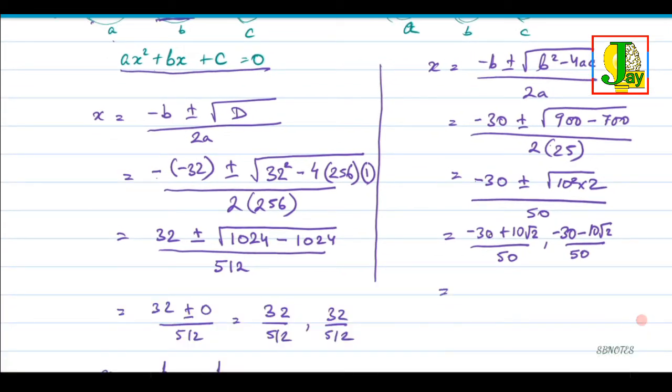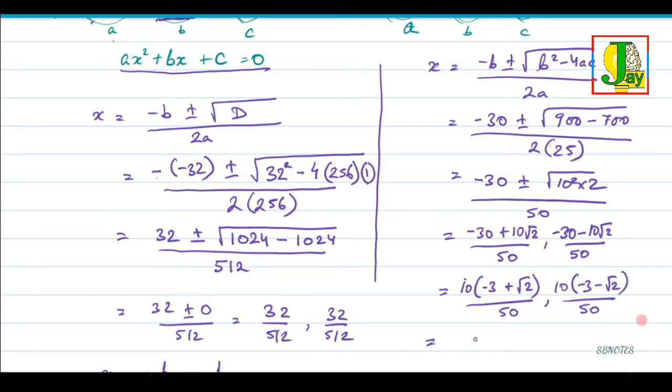We can take 10 common again, so we have 10 into minus 3 plus root 2 upon 50, and the same thing here, 10 into minus 3 minus root 2 upon 50.